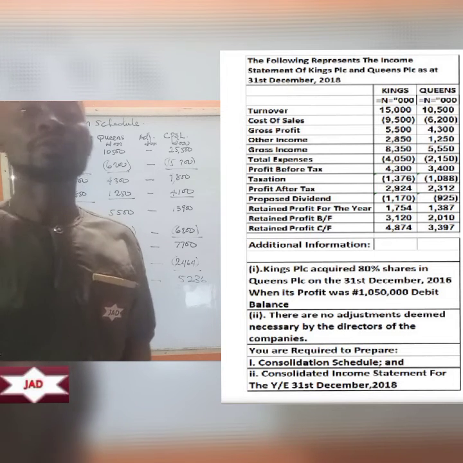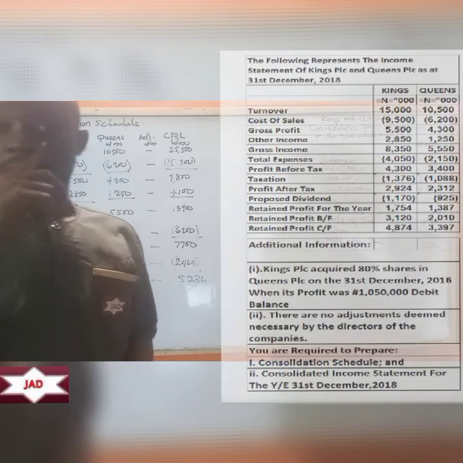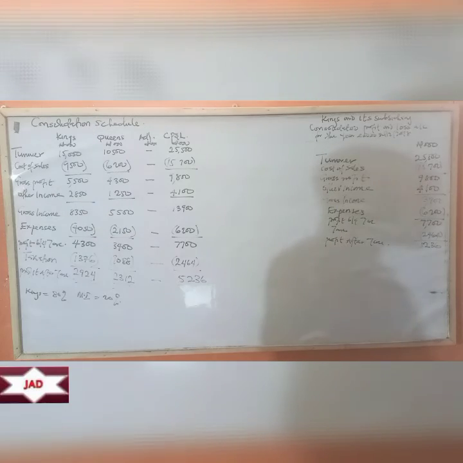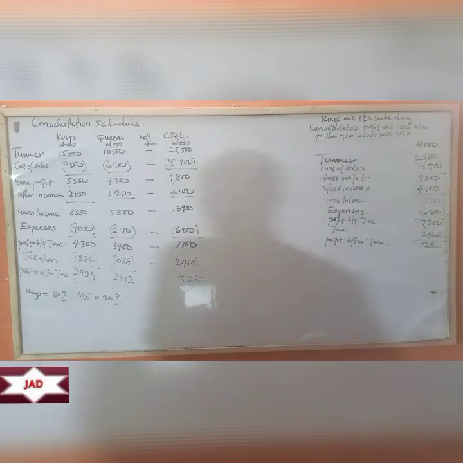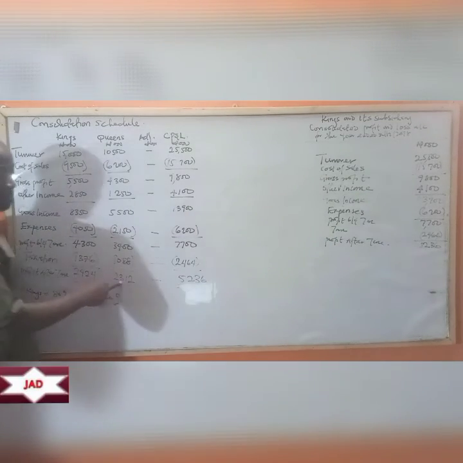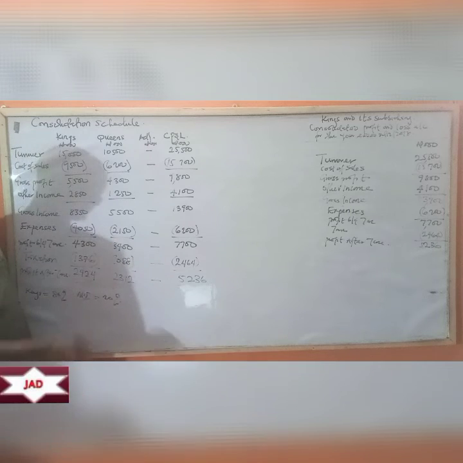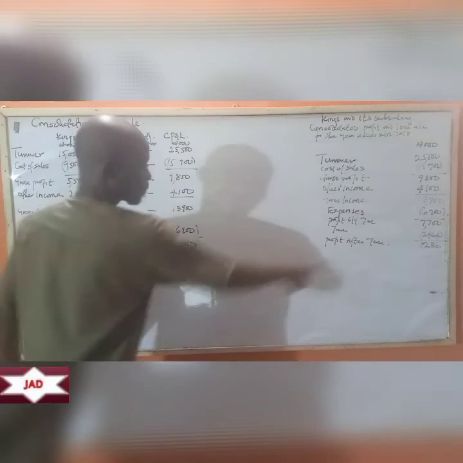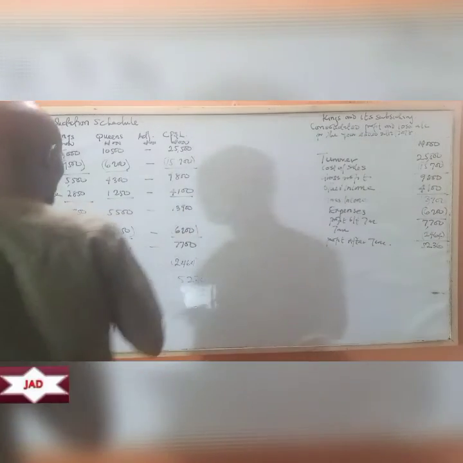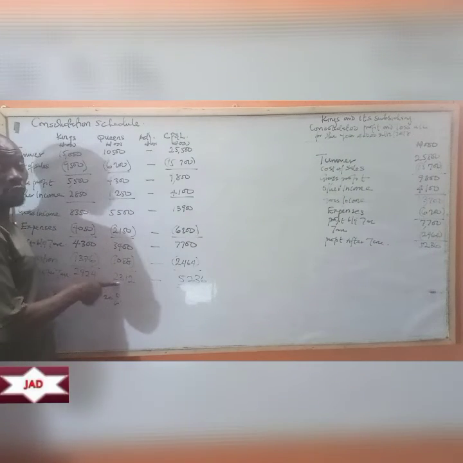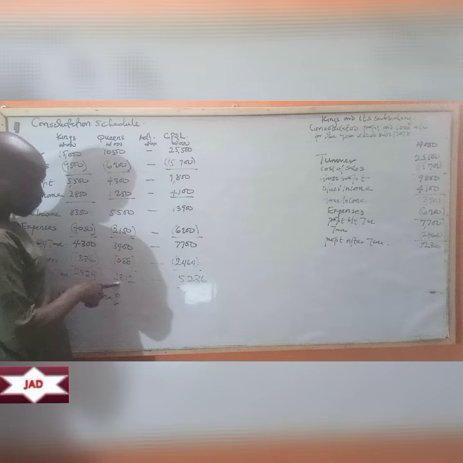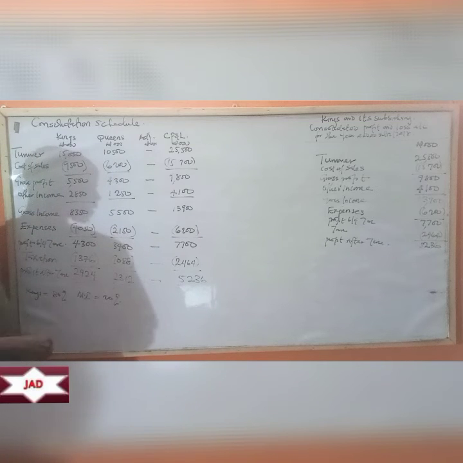So that means if you look at the profit after tax of the subsidiary, based on the information provided, can you see here? This 2312 belongs to the holding company and the minority interest, and it is already forming part of this. So we want to know how much of this belongs to the minority interest. Of course, that will be 20% of this, right?